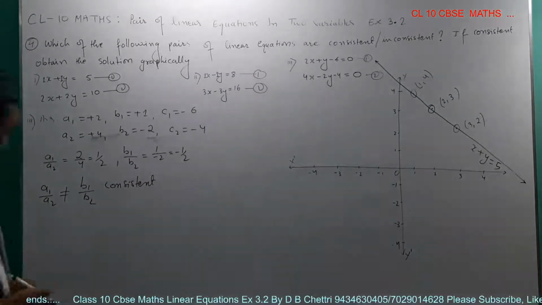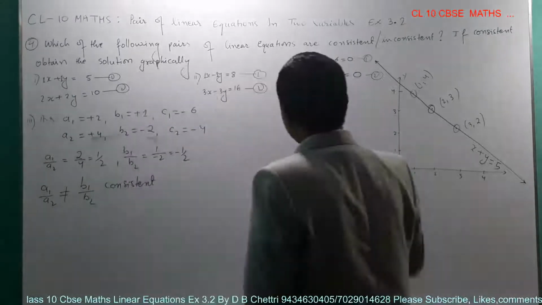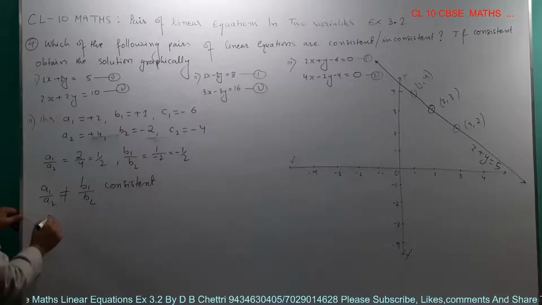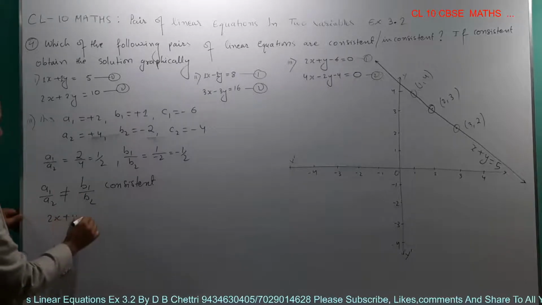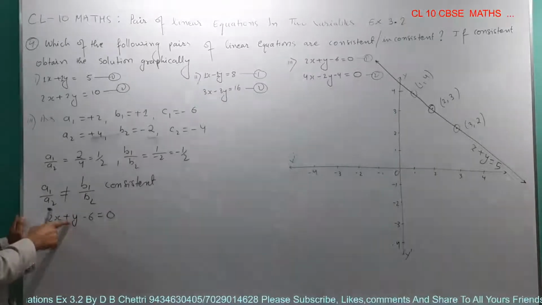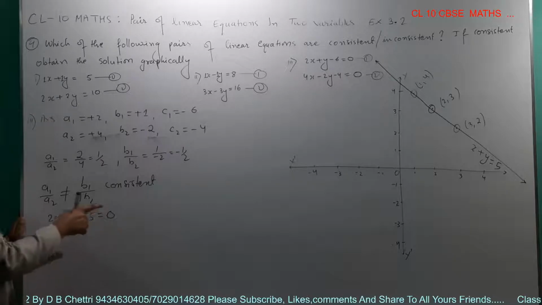Now let's get the points for the graph. Okay, equation 1: 2x plus y minus 6 equals 0. Let's get the value of y because there is no coefficient. If the coefficient is not there, it is not required to divide.